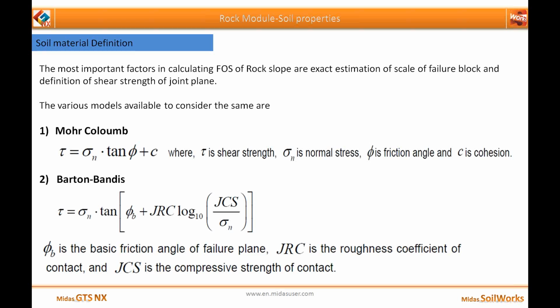SoilWorks also provides Barton-Bandis, where tau is calculated as per the formula you can see on the screen, where JRC, the roughness coefficient of the contact, is considered, and the compressive strength of the contact is also considered using the parameter JCS.